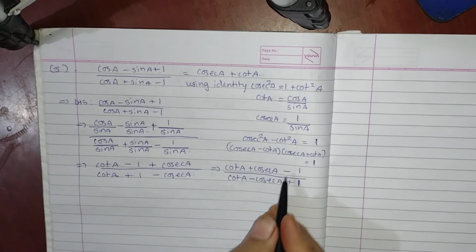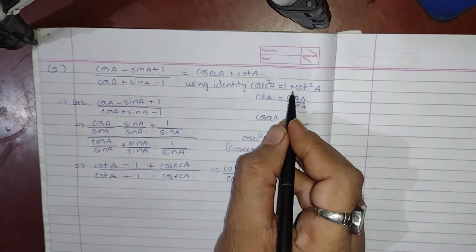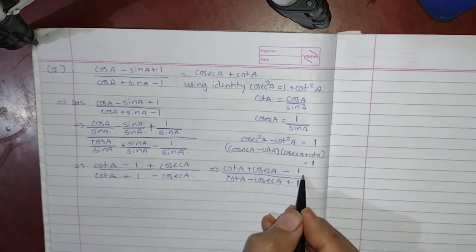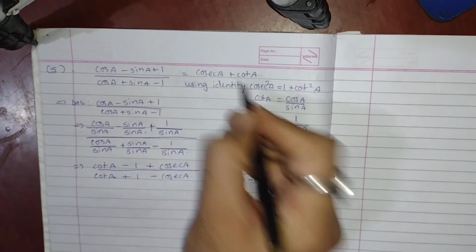Now in place of 1 we have to use the identity cosec square A equals 1 plus cot square A, because we have to prove it in the numerator.